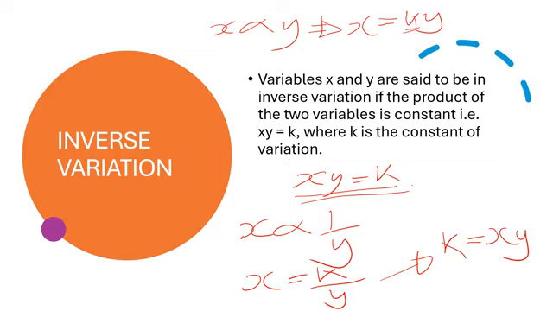So that's where the definition is coming from. If you multiply these two variables, the outcome should always be constant. I hope that is making sense, and it will make more sense when we look at examples.